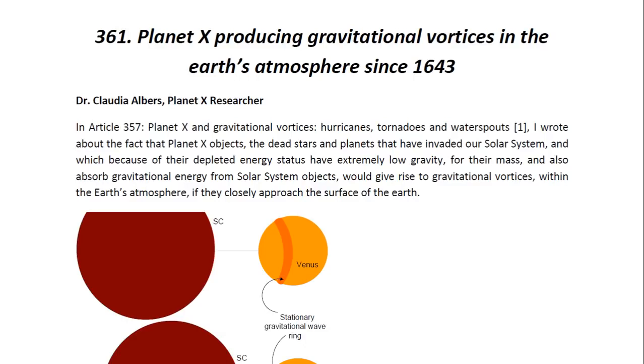This one is entitled Planet X, Producing Gravitational Vortices in the Earth's Atmosphere Since 1643.